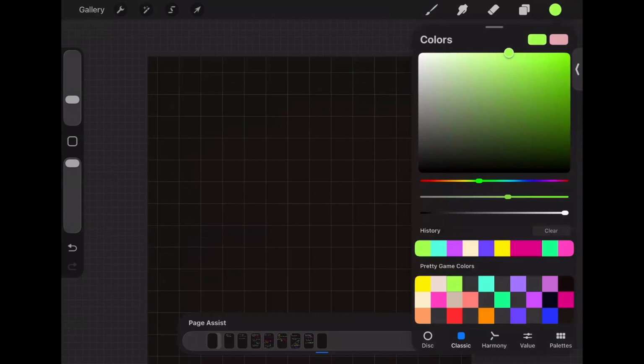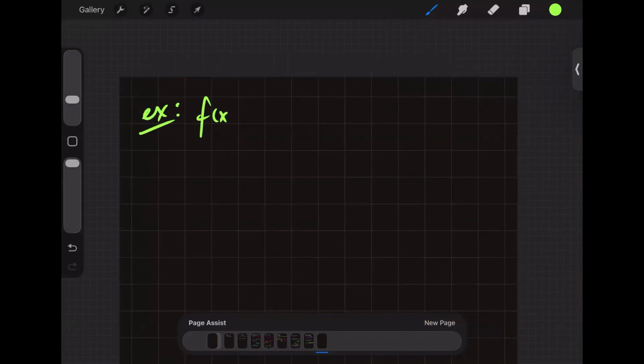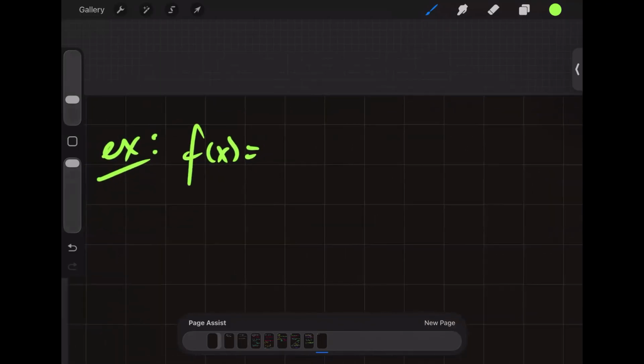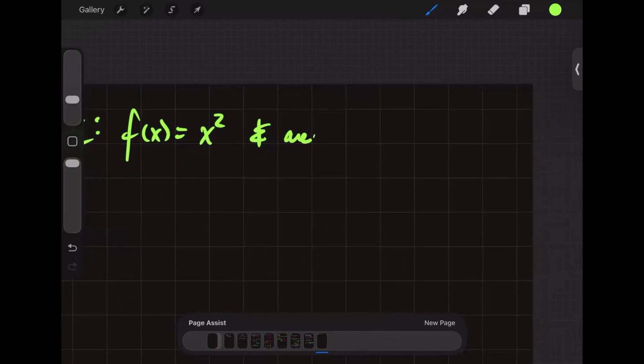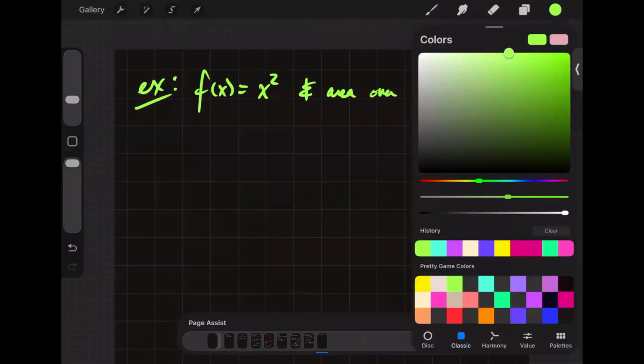Ready? Let's say I give you f of x is equal to x squared, and I want the area over 0 to 5. Let's do a couple things so we can be on the same page.